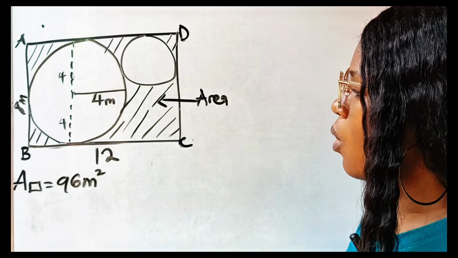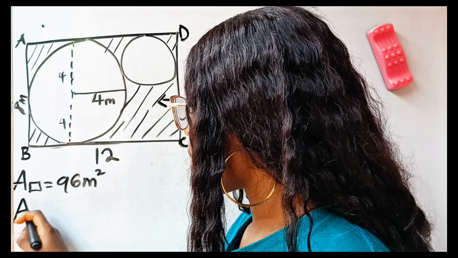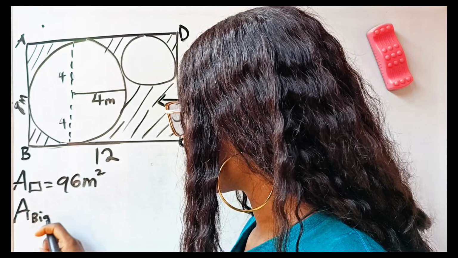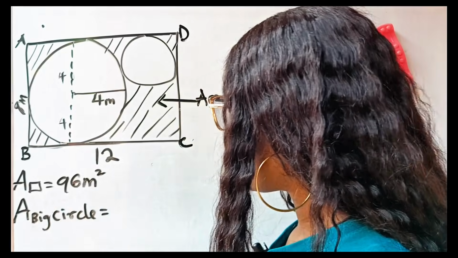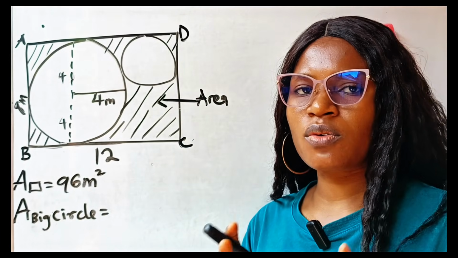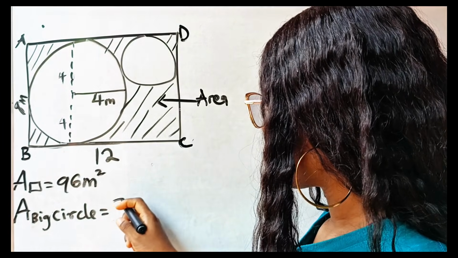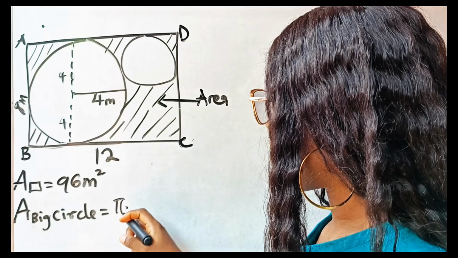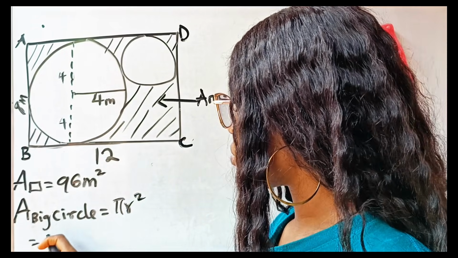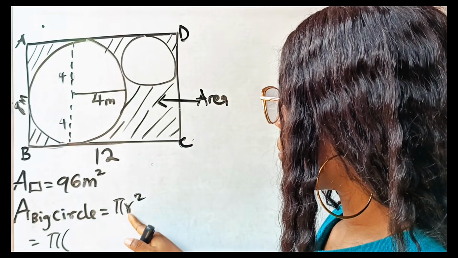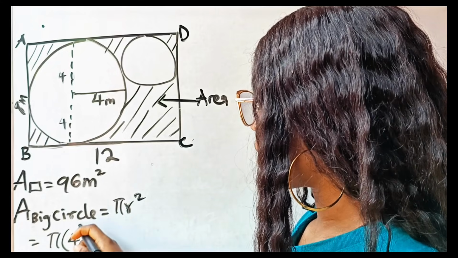Now, the area of the big circle. The area of a circle is pi r squared. So we have pi multiplied by the radius, and the radius is 4, squared.